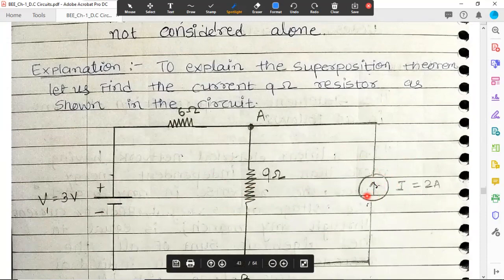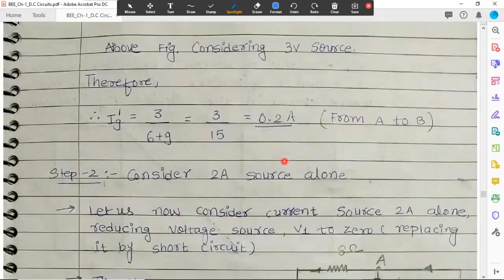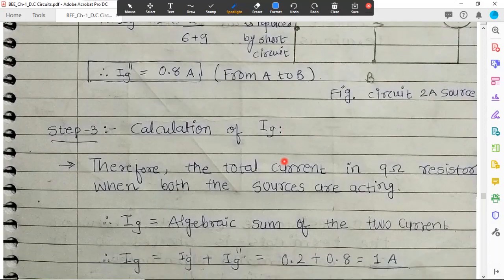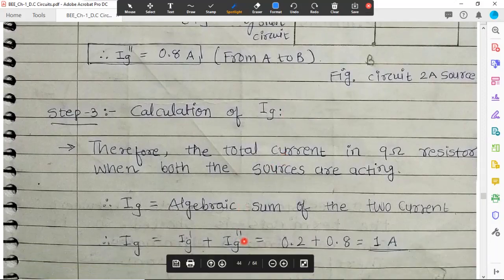Then again we found I9 double dash using only the 2 ampere current source, and at that time we short circuited the voltage source. Okay, so finally the current through the 9 ohm branch according to superposition theorem is I9 equals I9 dash plus I9 double dash, which is 0.2 plus 0.8 equals 1 ampere.